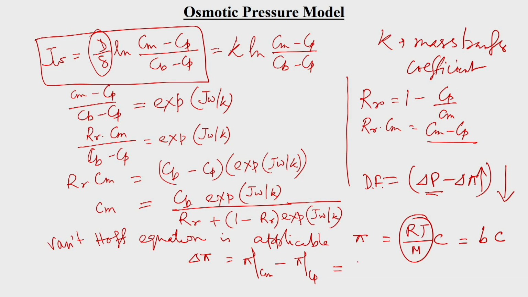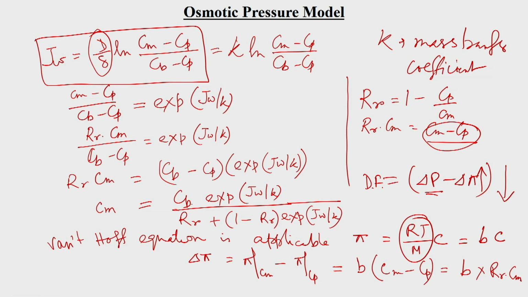Okay. So, that is nothing but B into Cm minus Cp, which we can take as B into Rr into Cm. So, we have delta pi equal to this.